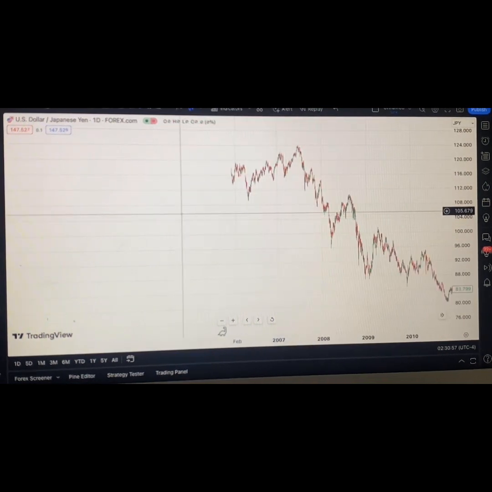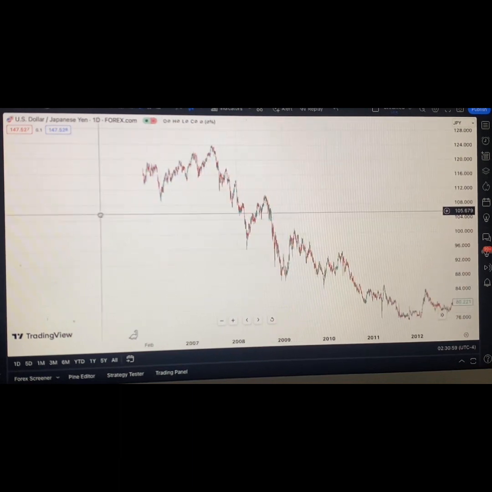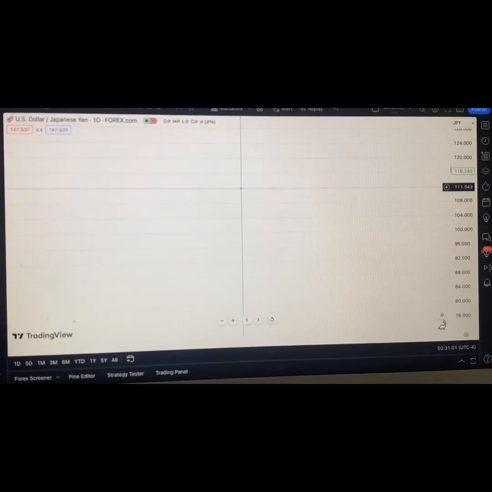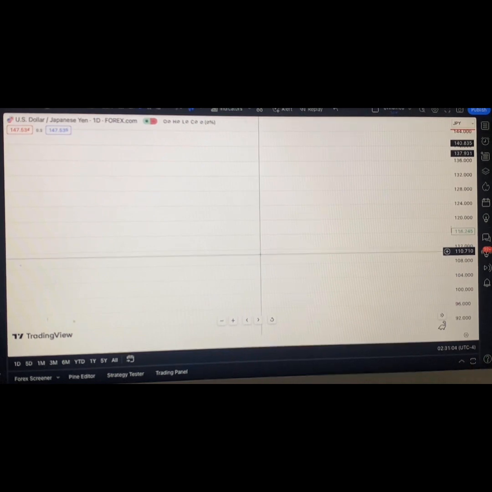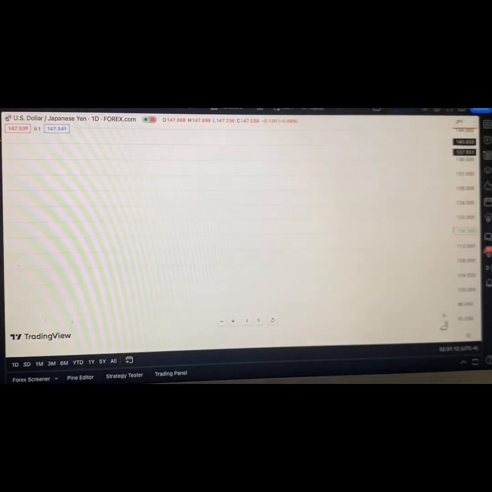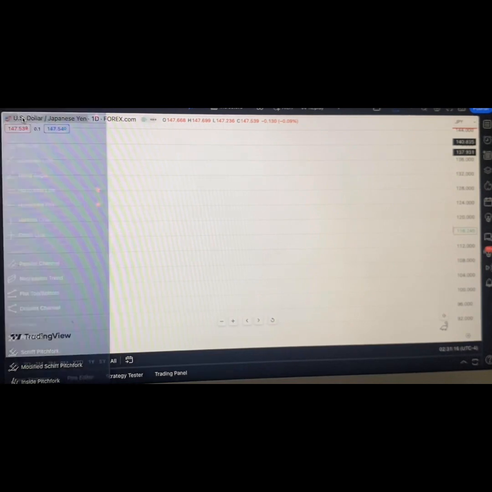Let's see. Okay, so let me use this clean chart to explain how a bearish trend line looks like. Okay, so let's use our trend line.